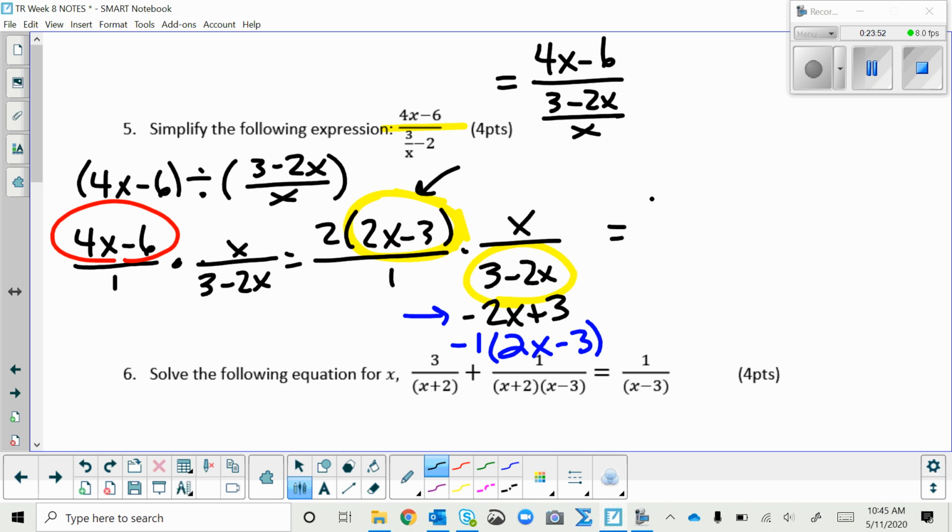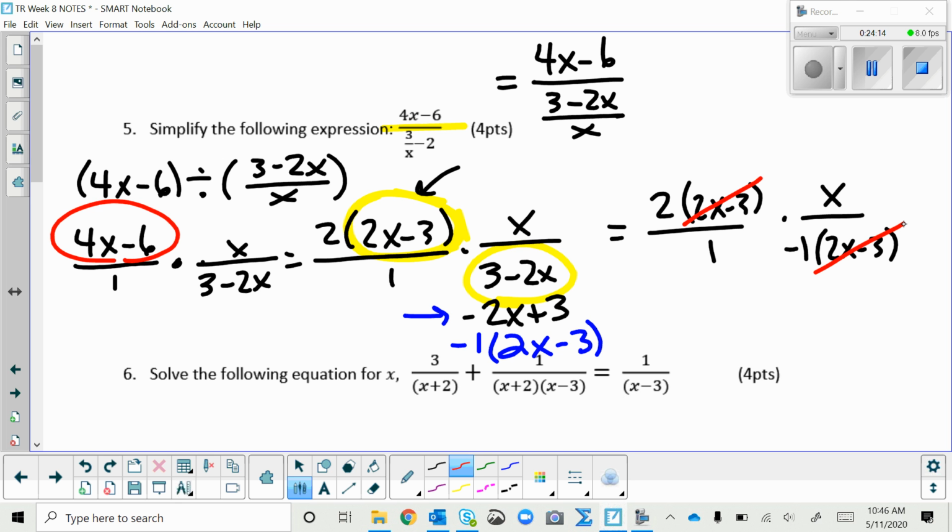The first fraction is still the same. But now on the bottom of the second fraction, I have -1 times 2x minus 3. Now what do you see? That's exactly the same on the top and bottom. The 2x minus 3. And now we just multiply across the top.